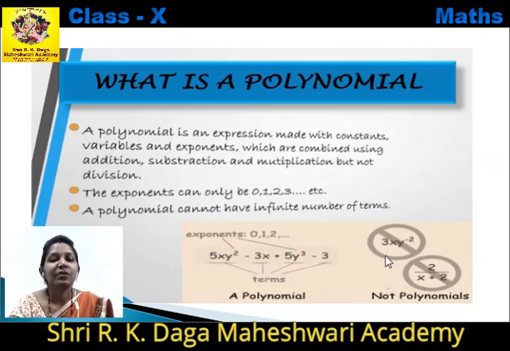In this example, you can see the power of the variable is negative, so it cannot be a polynomial because in the definition we have said that the exponent can only be 0, 1, 2, 3, etc. In this example also, you can see 2 upon x plus 2. Here we have used division, but a polynomial does not include division, so it is not a polynomial.